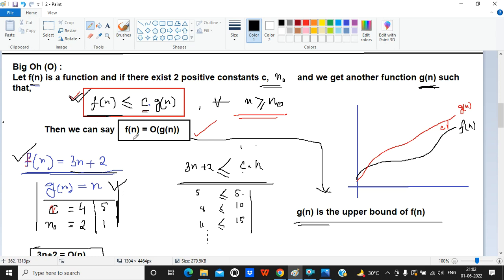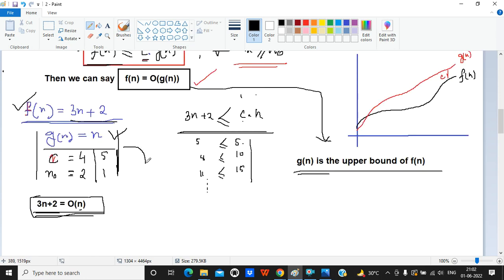Then we can say f of n is equal to big O of g of n. So we are arriving at the final step. Since we found all those values, we can say f of n, which means your 3n plus 2, is equal to big O of n. This means n is the upper bound of your function f of n.